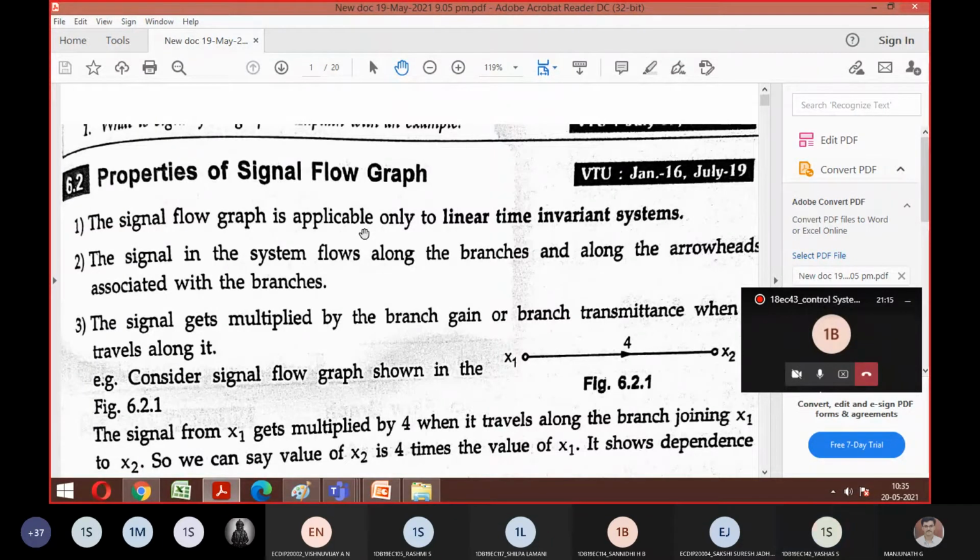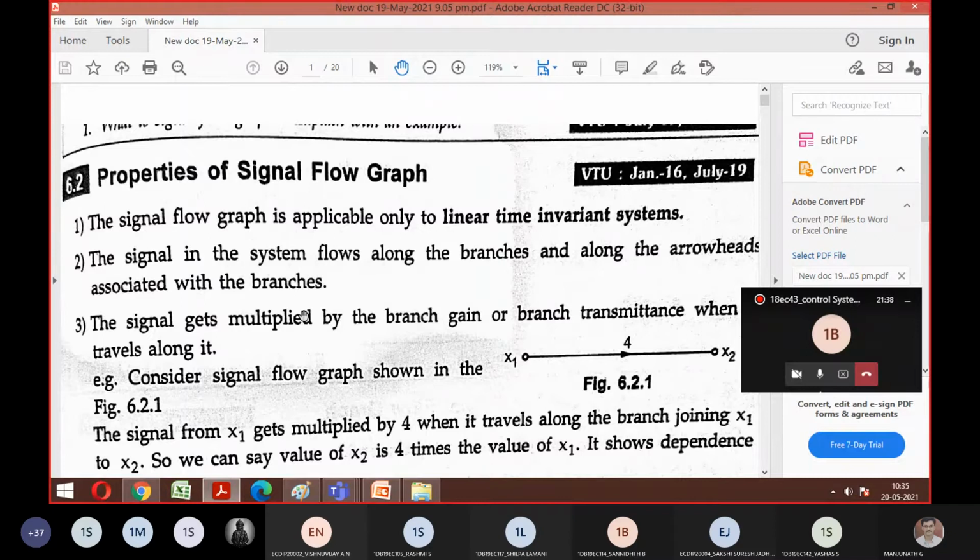Property number 2. You can see property number 2 on the screen. Signal in a system flows along the branches and along the arrowhead indicated in the branch. I think in the last class I told you clearly how the differentiation happens from block diagram to signal flow graph.